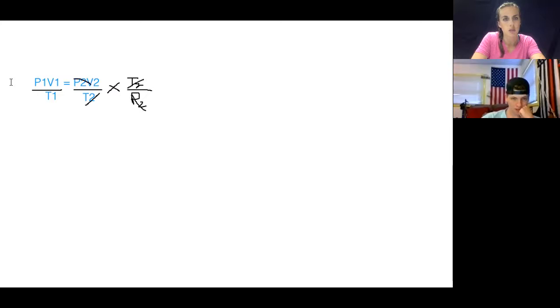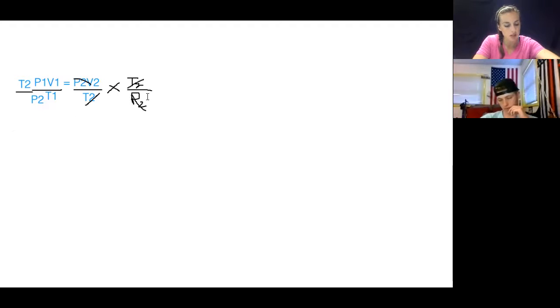So I'm going to multiply this side by T2 divided by P2. I'm sorry that that looks confusing. So the new volume is going to be equal to the new temperature times P1 times V1 divided by the new pressure times T1. Does that make sense how we rearranged all that? We just used algebra. Yeah.